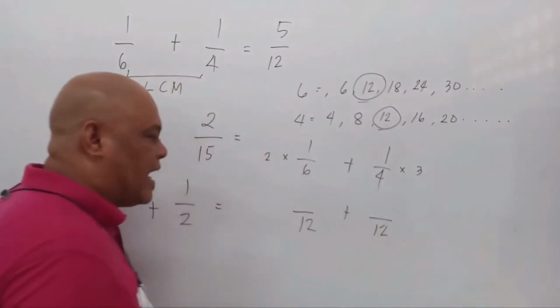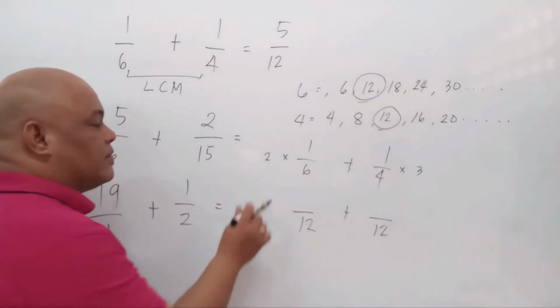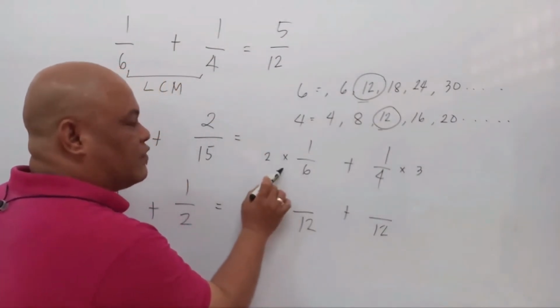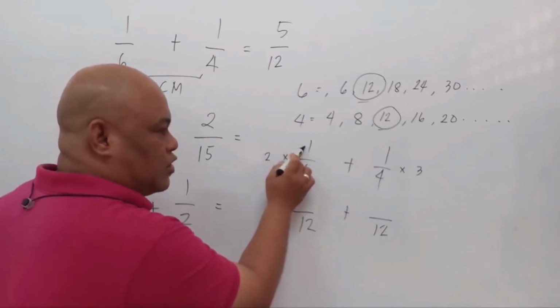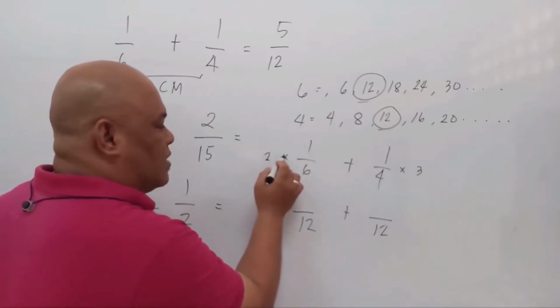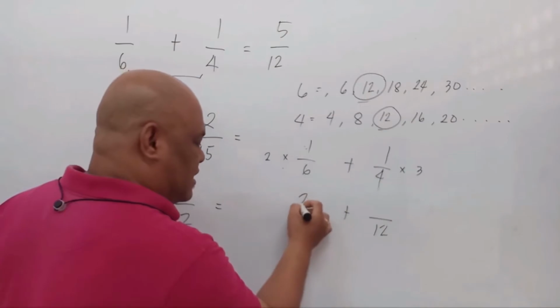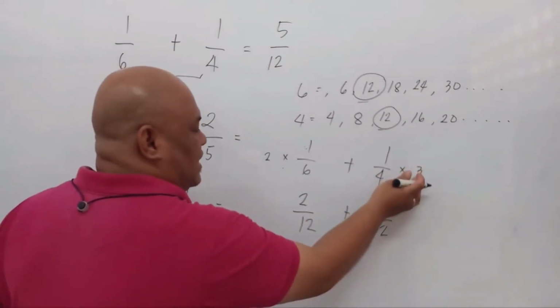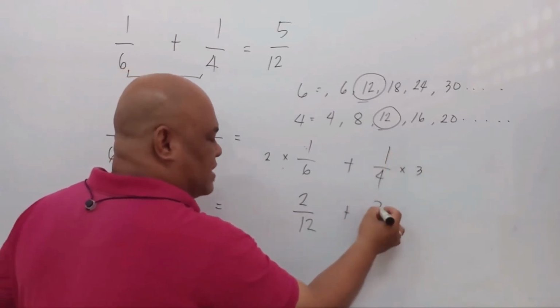Now, like I said, what you did in the denominator, you have to do in the numerator. So 2 times 1 is 2. And this one is 3 times 1 is 3.